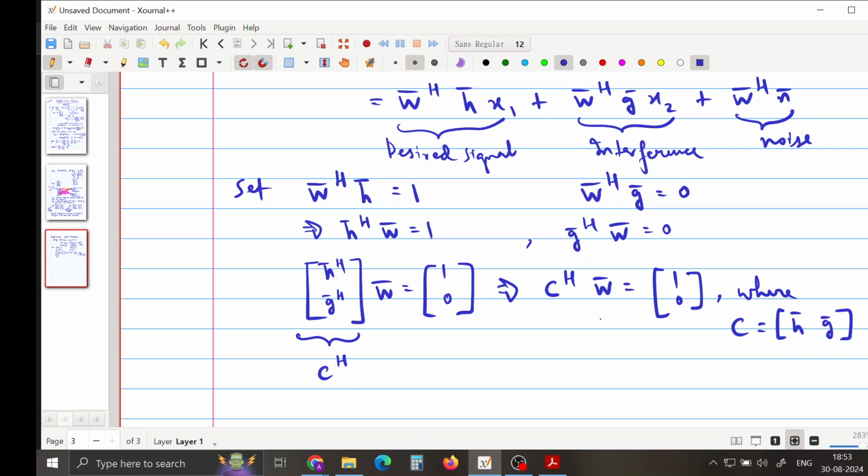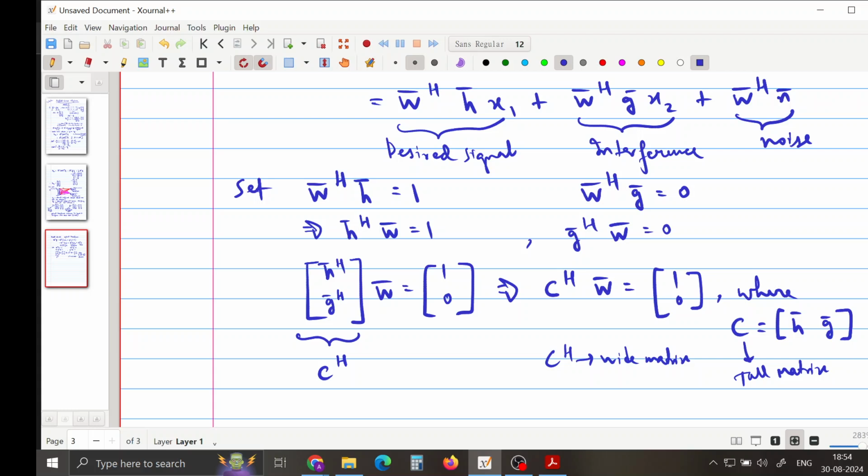C Hermitian would be a wide matrix, which has more columns than rows. And a wide matrix times a vector equals a vector, whenever there is a wide matrix, the solution is the least norm solution.